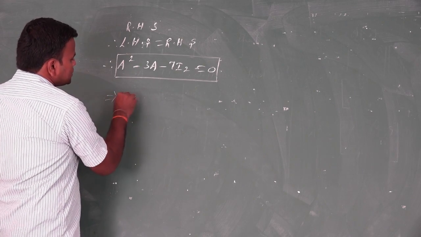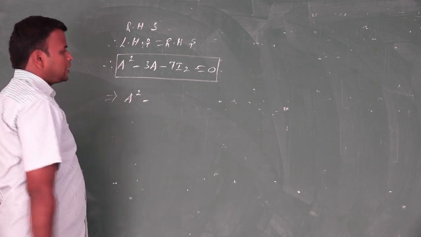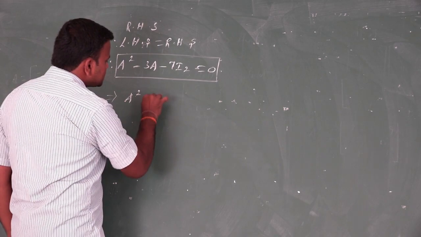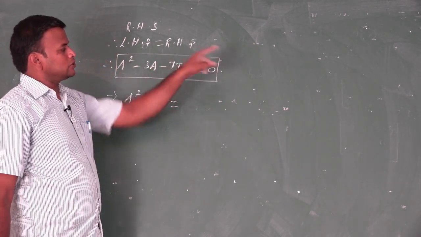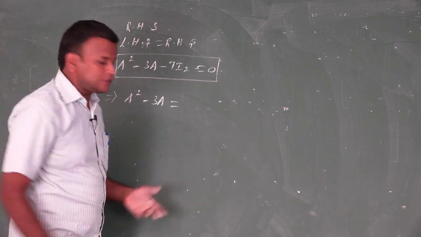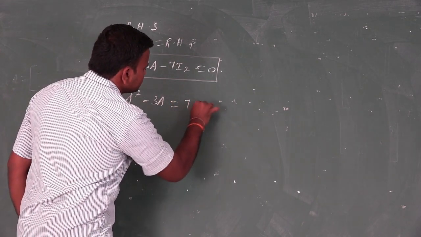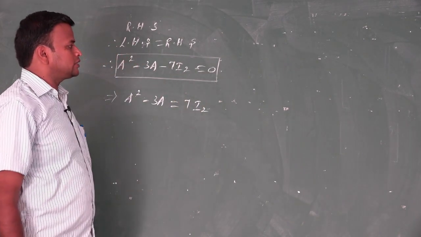Now I simplify this result, A square minus 3A. The minus 7I2 goes to the RHS as plus 7I2, because 0 is already there in the RHS.